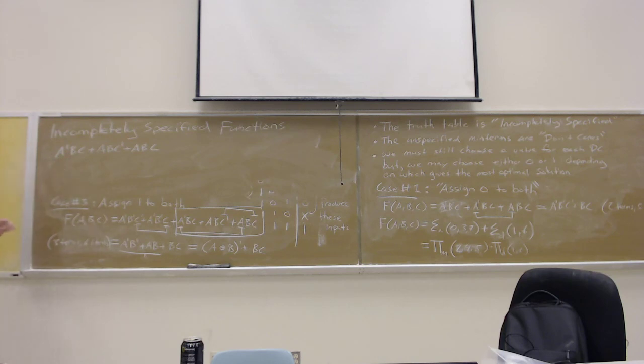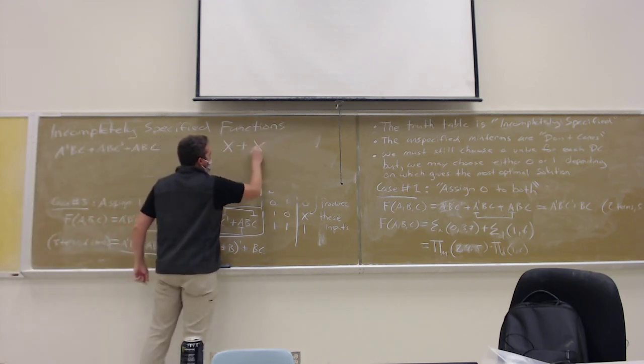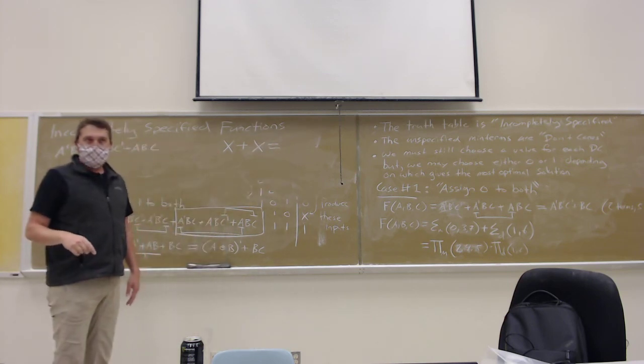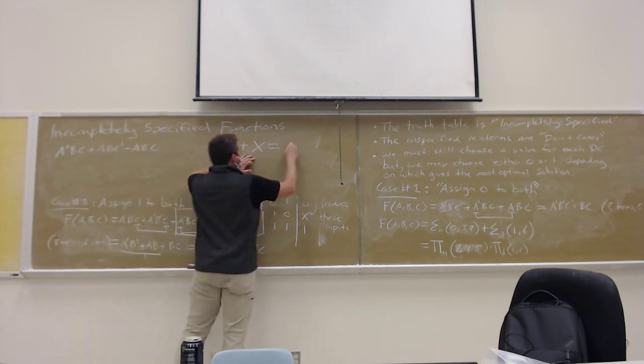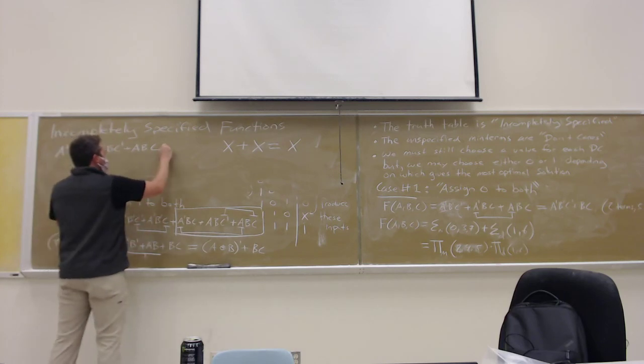Now the way I can get away with it is because what is X or X? It's not 1. It's X. Anything or itself is equal to itself again, which means that I could do this.